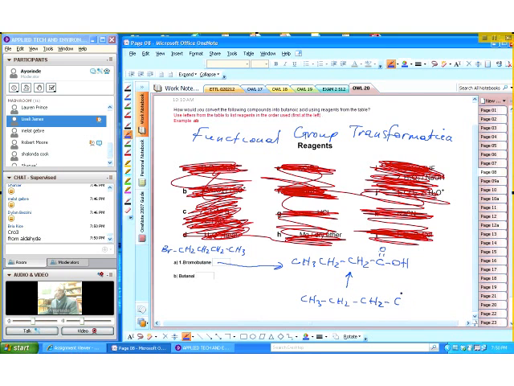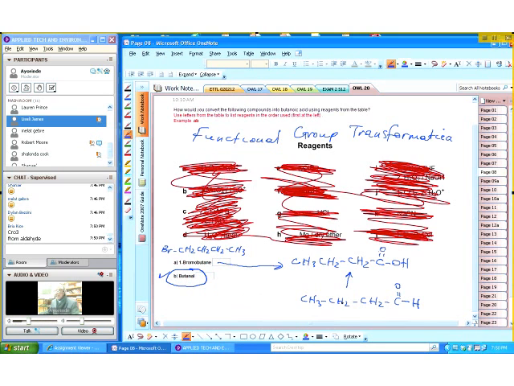Now keep in mind, that is actually this problem. So what you have done now, you have solved the second problem for us, because they also want us to make it from butanol. Now the next question is, how do we make it from 1-bromobutane? So this problem is solved.